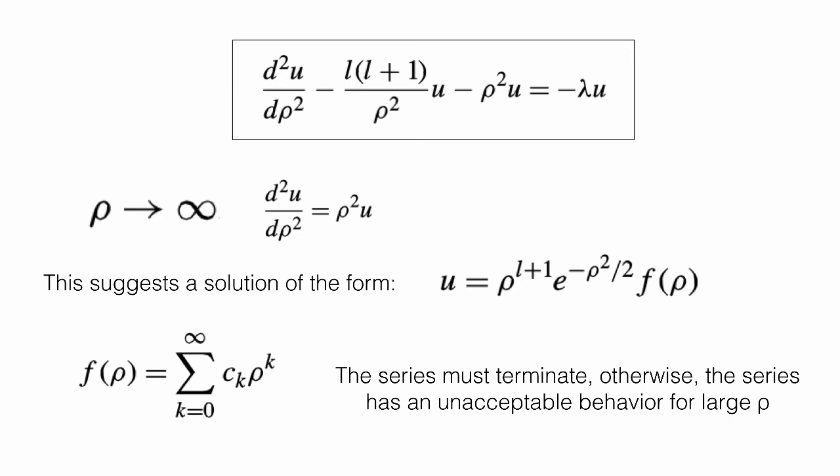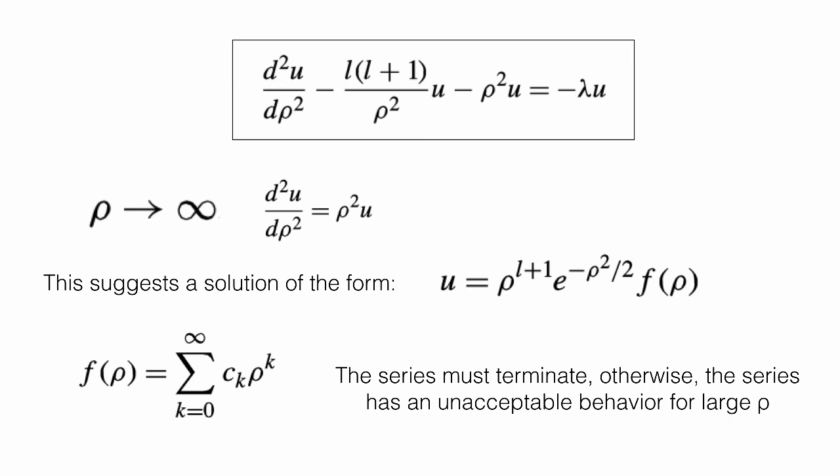Remember that the solution close to the origin we have established as u depends on rho to the L plus 1. So if you do not remember, go back to section 10.1 of this screencast. This is where we established the fact that the solution close to the origin should be rho to the power L plus 1.